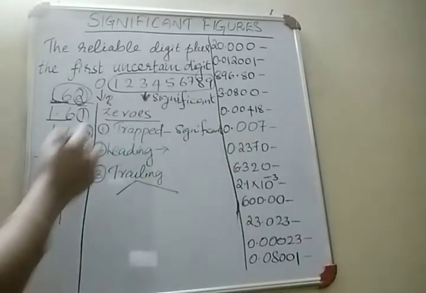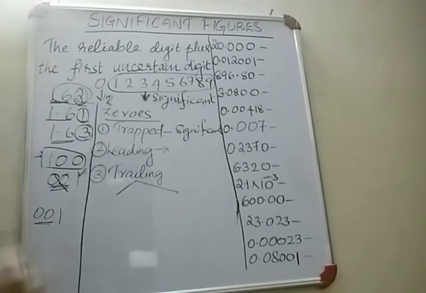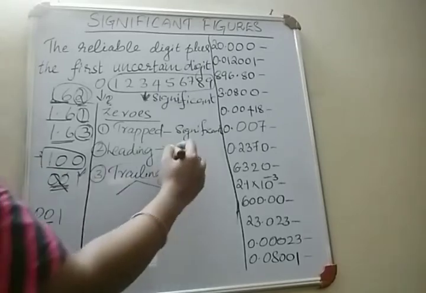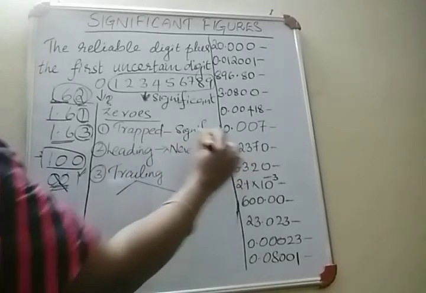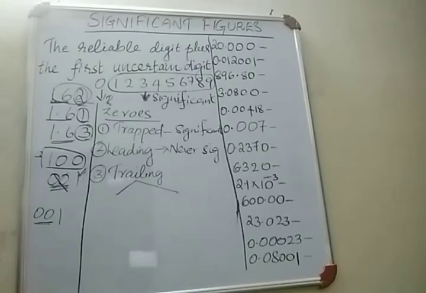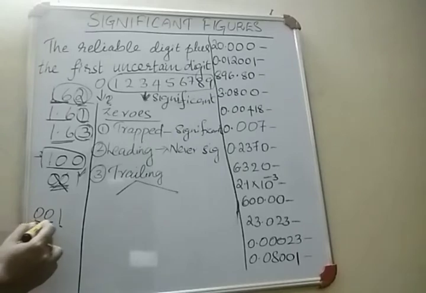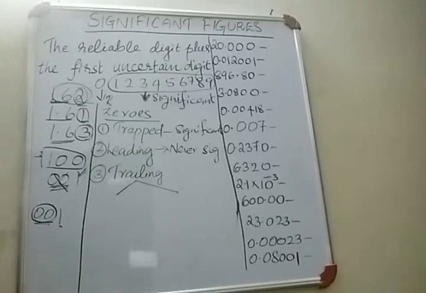Then comes our leading zeros. Leading zeros are those zeros which appear in the beginning of a number. Whether it is a decimal number or non-decimal number, these leading zeros are never significant. If you consider this example 001, here 00 are the leading zeros, and these two zeros are non-significant.